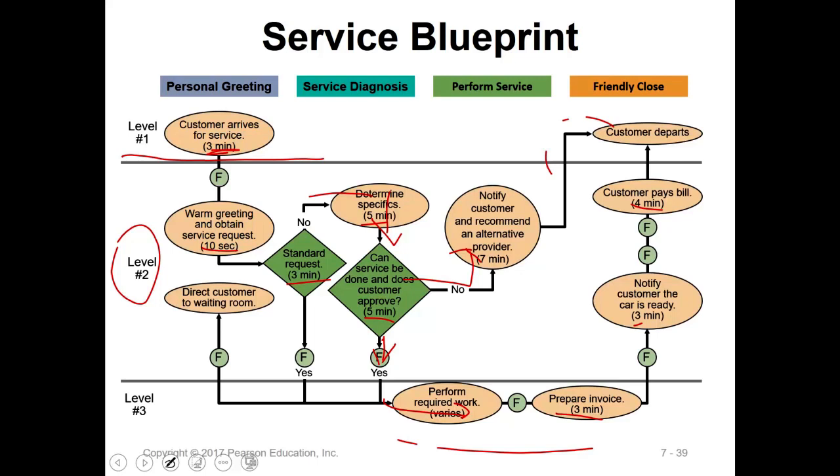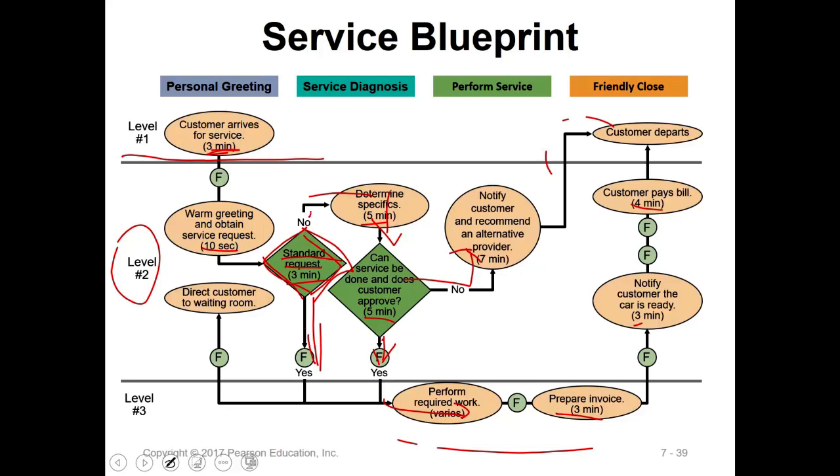And also they have some kind of, what do we call, rainbows, or decision-making symbols. Decision-making symbols, and when you have, is this a standard request? Yes or no? If it's a yes, just go to a branch to do the service.